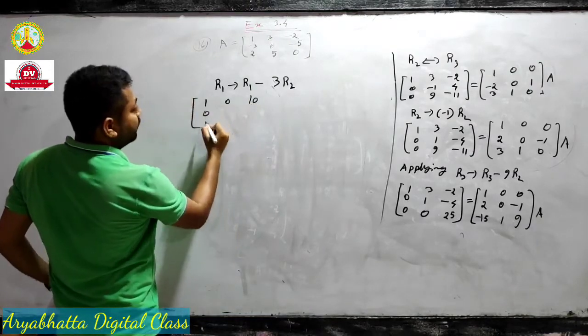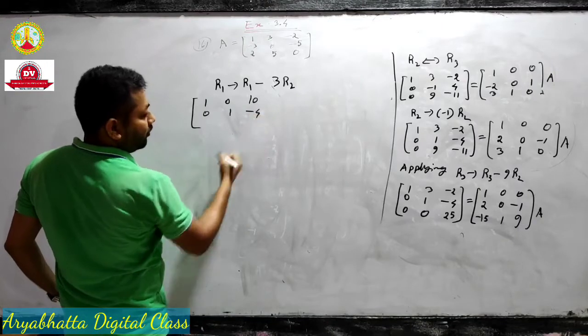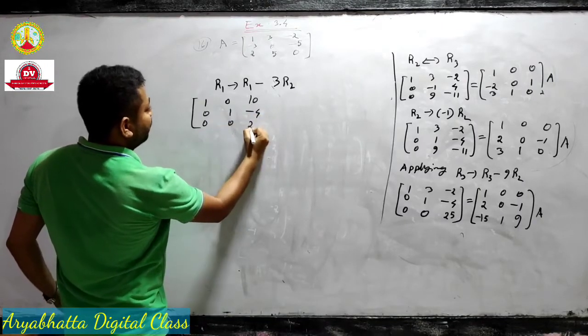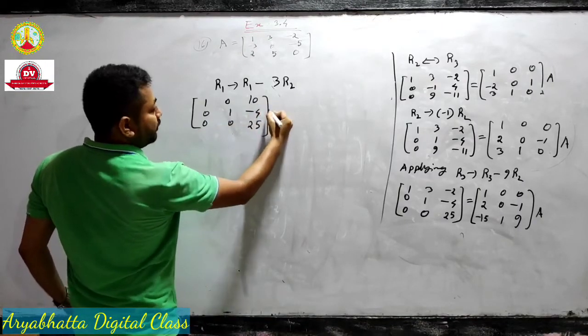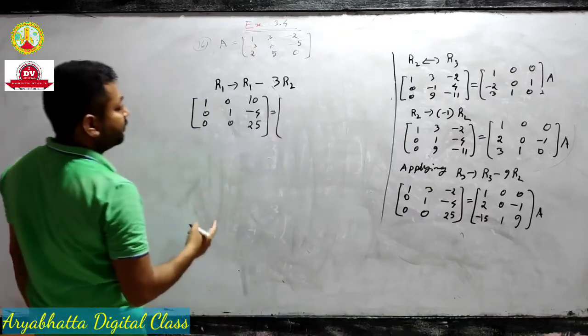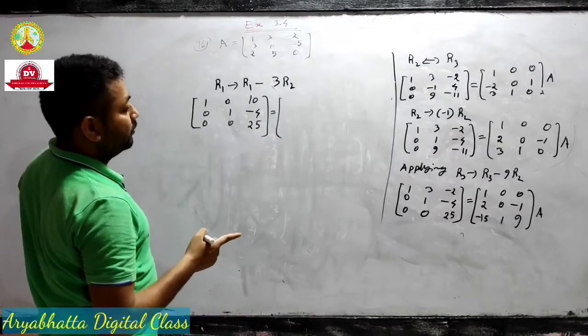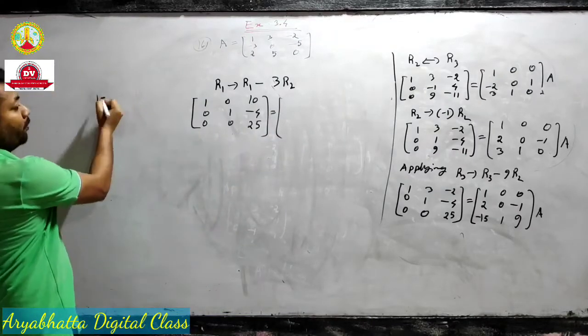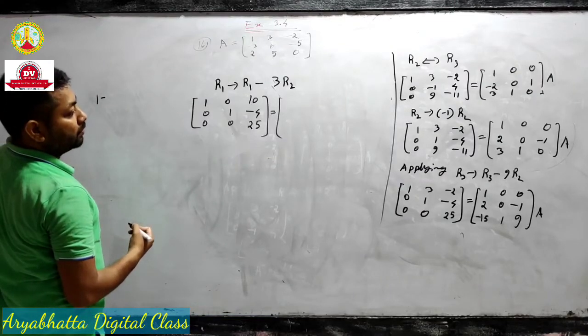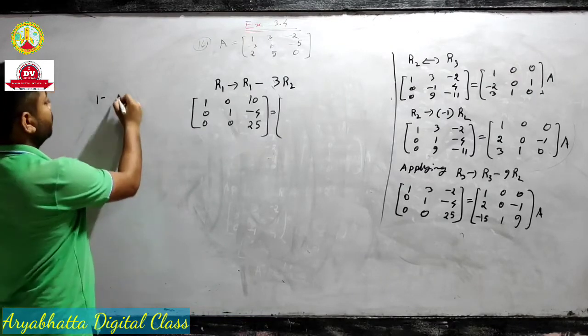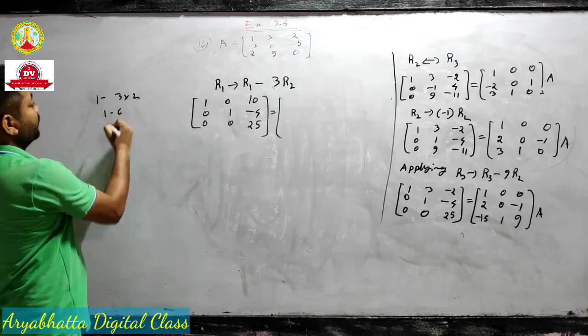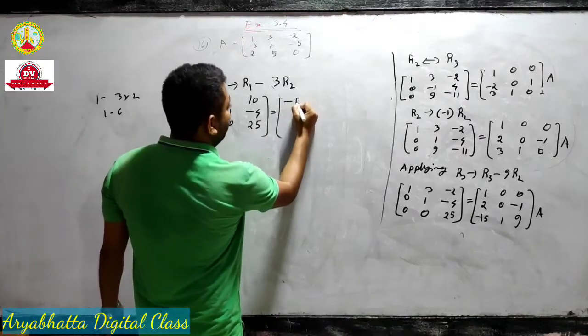Next 0 1 minus 4, 0 0 25, R1 tends to R1 minus 3 into R2, 1 minus 3 into 2, 1 minus 6 equal to minus 5, this equal to minus 5.